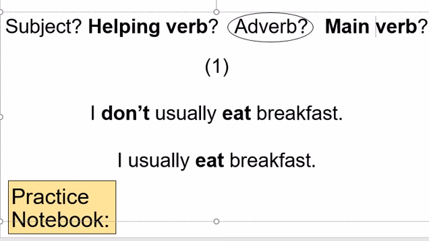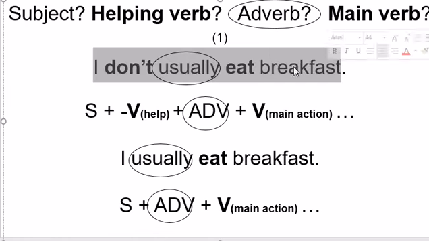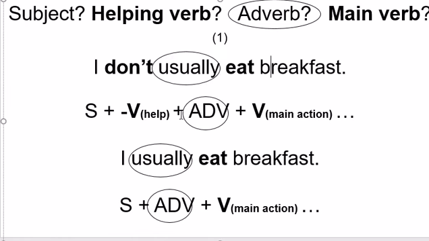Okay, here are the answers. I don't usually eat breakfast. Okay, there's the adverb. All right. We have a negative helping verb, then adverb, and then main verb. What's the main verb of this sentence? Eat. That's right. So, all right, the next sentence, I usually eat breakfast.